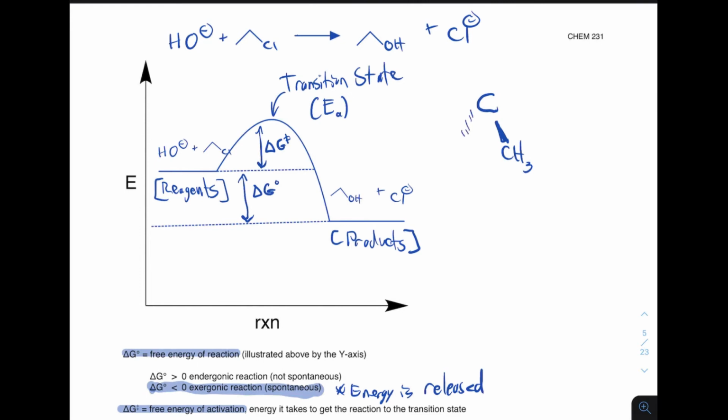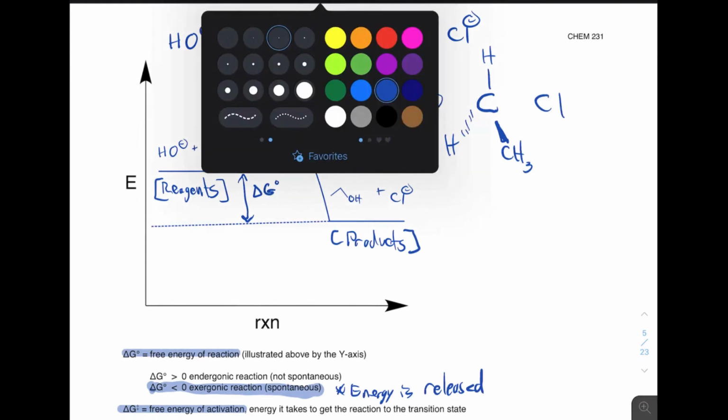And so it looks something like this. We have to draw it 3D spatially, where we have our CH2 bonded to the carbon down here, the CH3, so that's what this is, okay? And we have chlorine, which is attached to the carbon, but we also have OH, that hydroxide, which is becoming attached to the carbon.